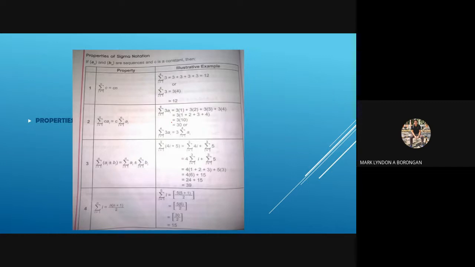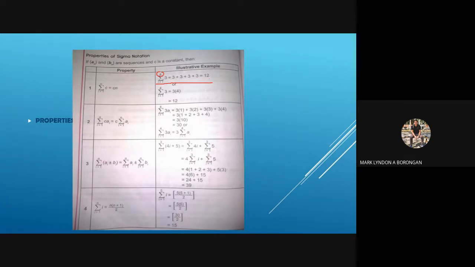For example, if we don't use the property, the summation of 3 from 1 up to 4 has no variable. So all you have to do is add 3 four times, since there are 4 terms. That is 3 plus 3 plus 3 plus 3, which is equal to 12.